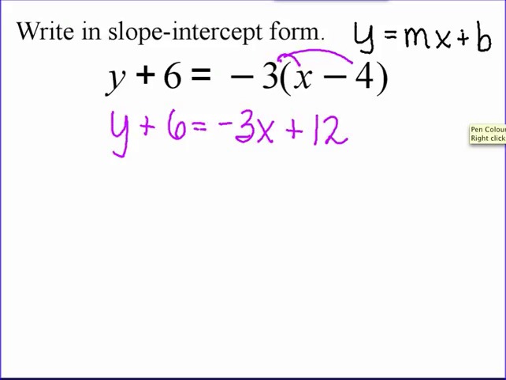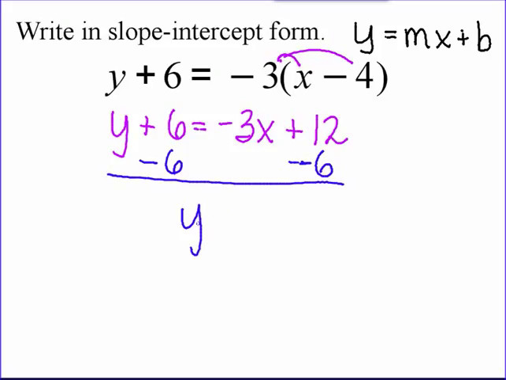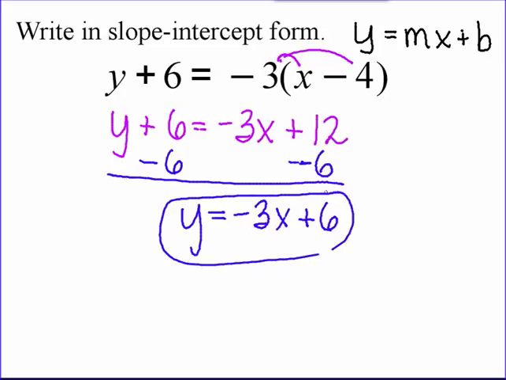To put this in slope-intercept form, move the 6. So by moving the 6, what does that leave me with? y equals negative 3x plus 6. Is that in slope-intercept form? Yes, you're done. It's not like the other problem where you had a lot of simplifying to do. This one was pretty straightforward.